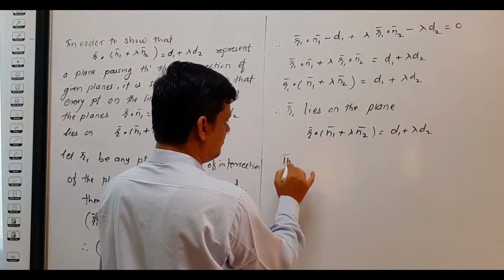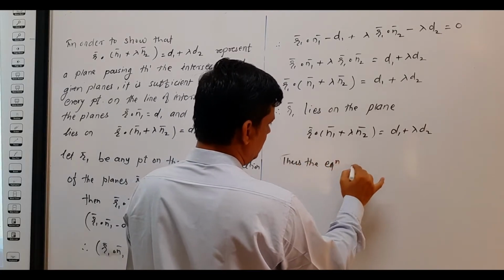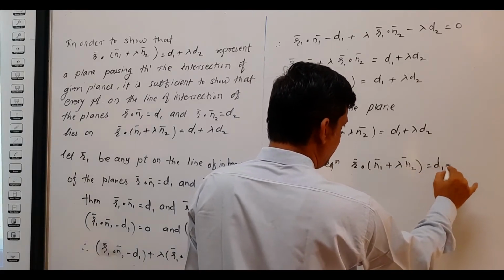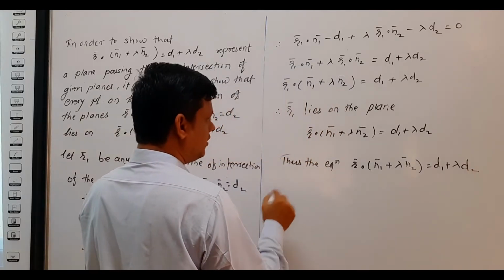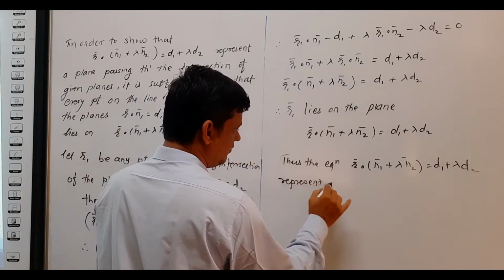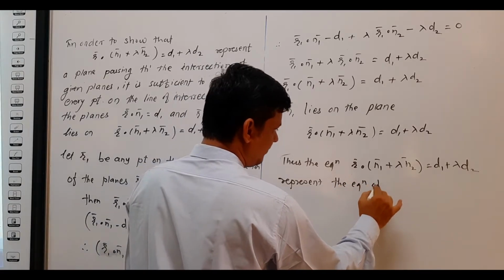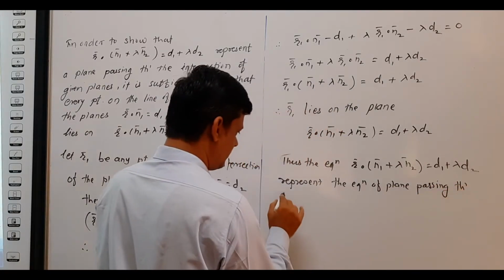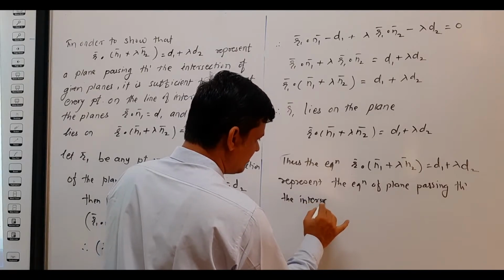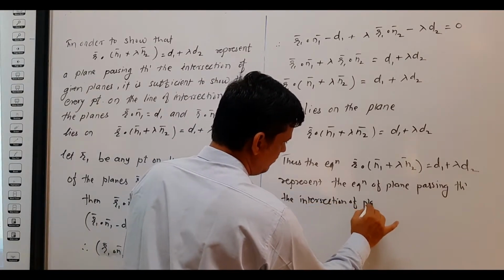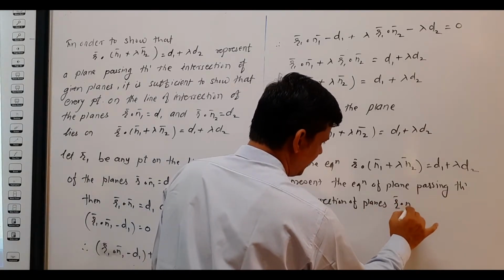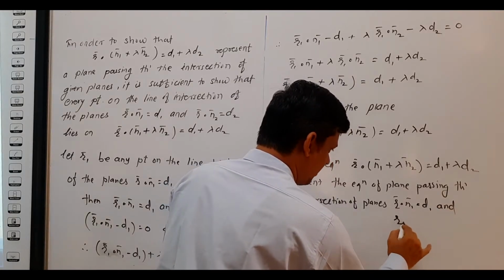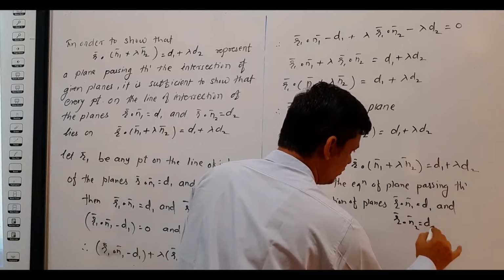Thus the equation r bar dot n1 bar plus lambda into n2 bar is equal to d1 plus lambda into d2 represents the equation of plane passing through the intersection of the planes r bar dot n1 bar is equal to d1 and r bar dot n2 bar is equal to d2.